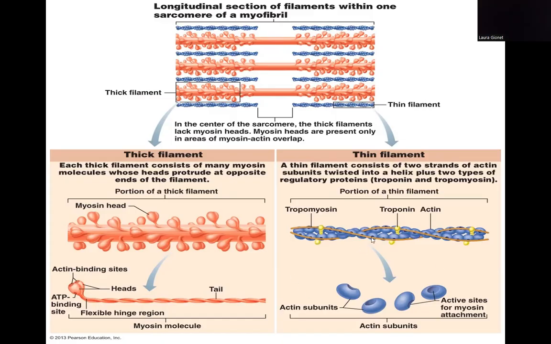Currently you see this troponin tropomyosin molecule blocking the openings of all those little actin molecules. But when we want to contract, it's going to move and roll over and uncover the binding sites on actin so that those myosin heads can attach to it.